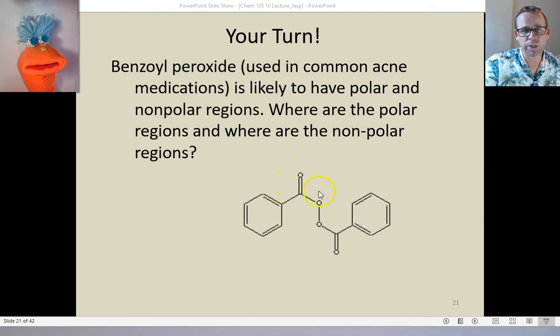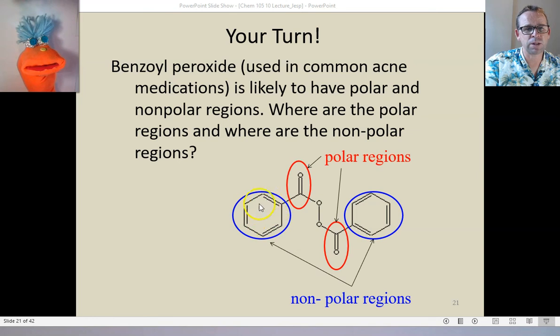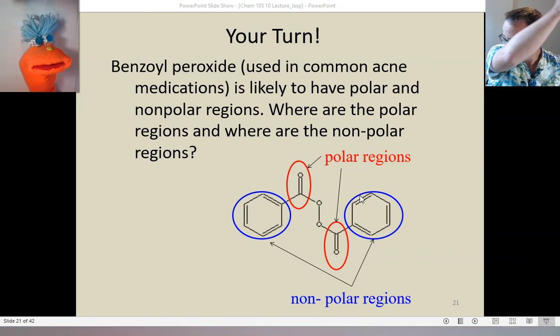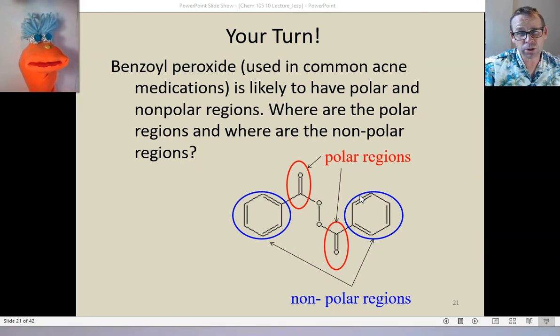So you could say that this region right here, because of the oxygens, is polar, but these regions over here would be considered nonpolar regions. So with larger molecules, especially biomolecules, there are sections which are polar and sections which are nonpolar, but the whole compound itself could or could not be polar. Usually you're looking at smaller sections on a larger molecule anyway.